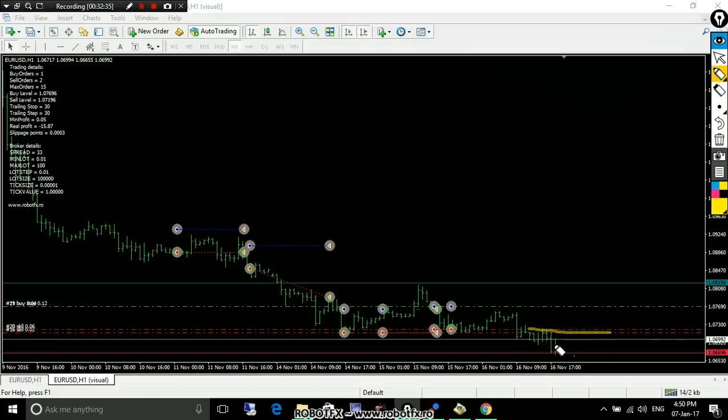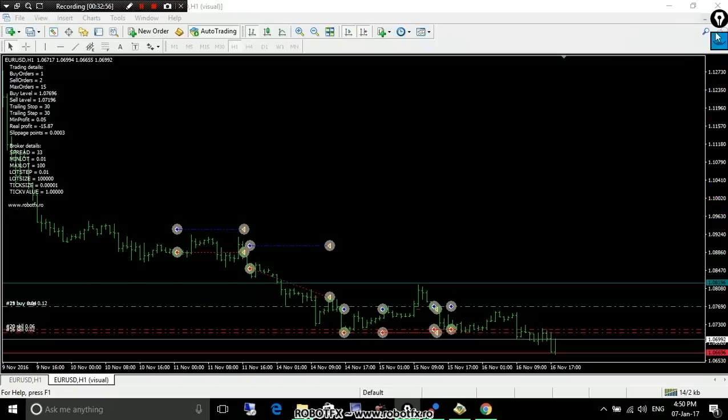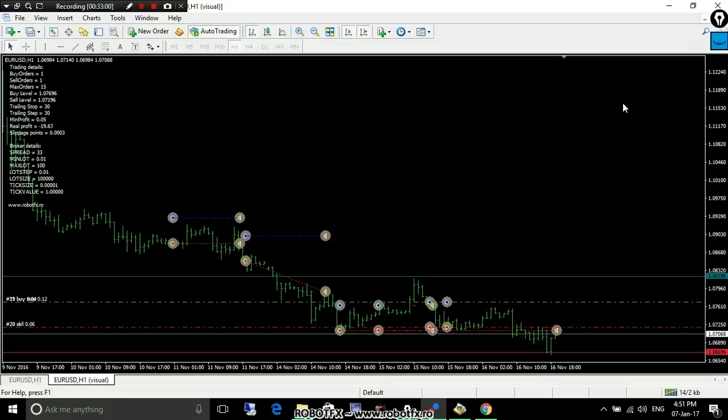I know that I'm safe. If the price goes higher, it will close this trade and maybe continue in my favor. If it goes down, it's also good because at some point the real profit will reach the minimum profit and it will close the basket at break even. I will not lose anything on the stop loss. That's the ideology of hedging.